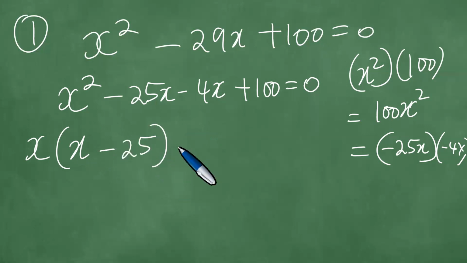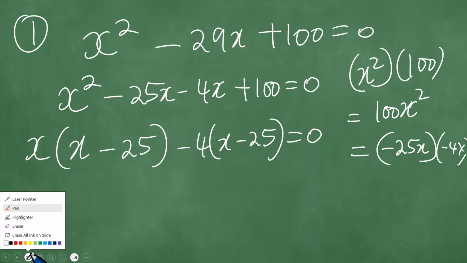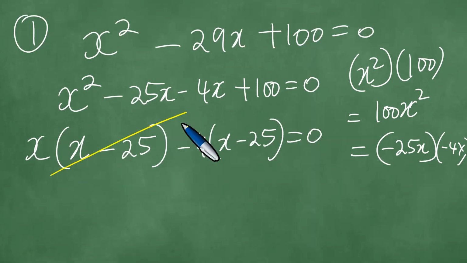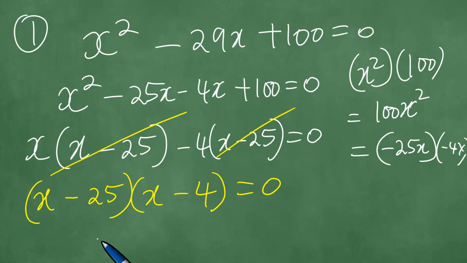Having taken out x as a common factor, taking out 4 as a common factor here, you have minus 25 equals 0. Okay, look at this. And now, x minus 25 is the highest common factor that we can see here. So if we take it out, we write x minus 25, and we're left with x minus 4 equals 0.